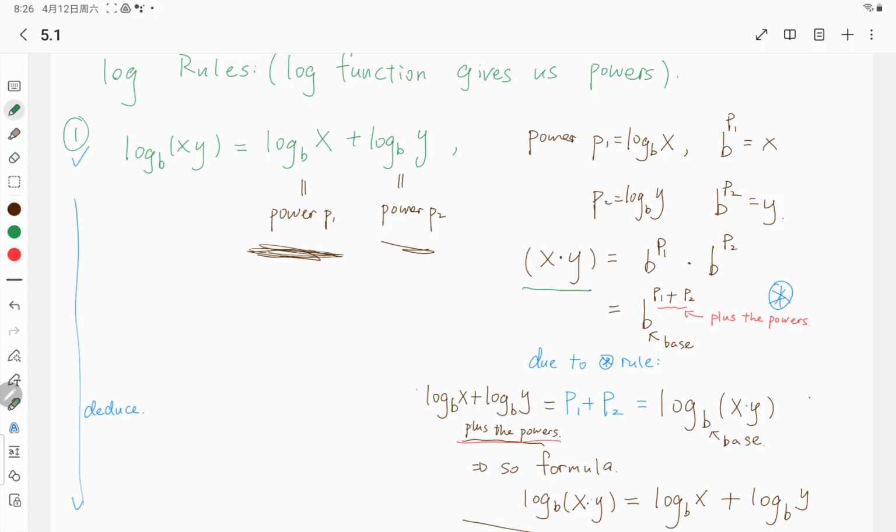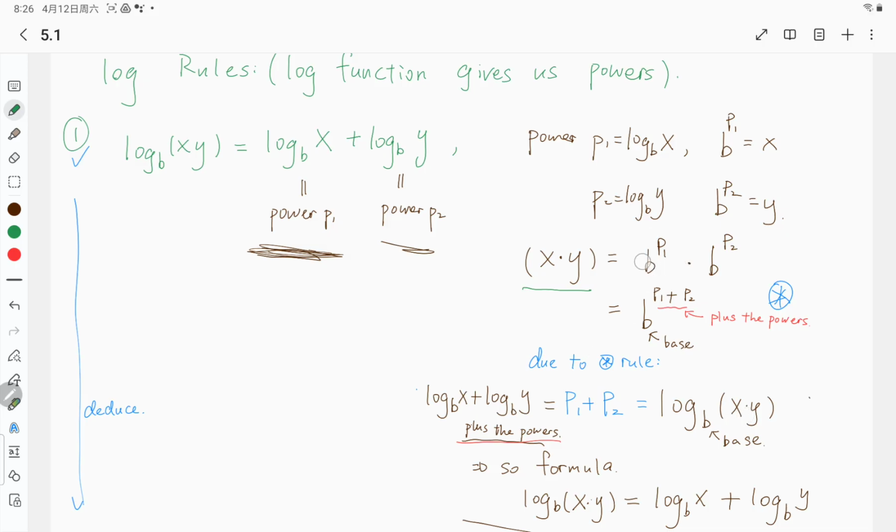because log is the inverse function of the exponential, right? So we write this exponential in another way using log: we bring down the power, so p1 plus p2 is equal to log base b of xy.